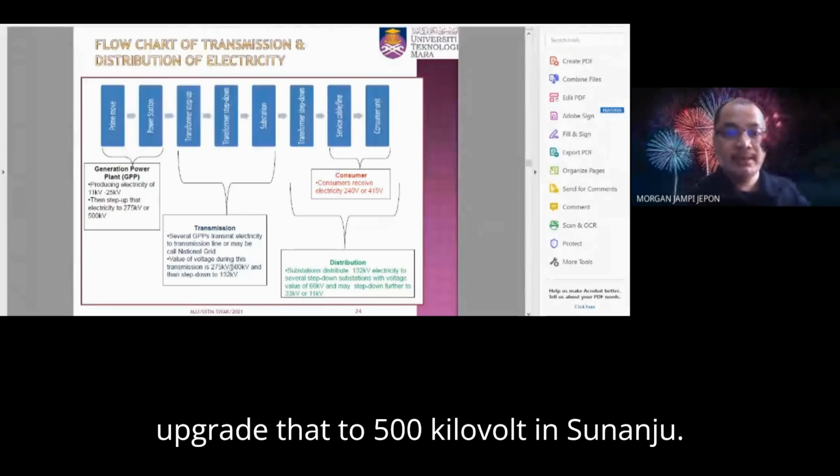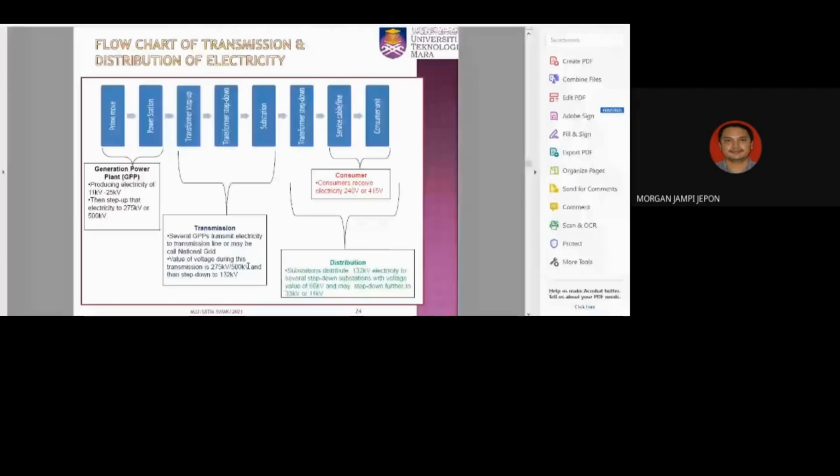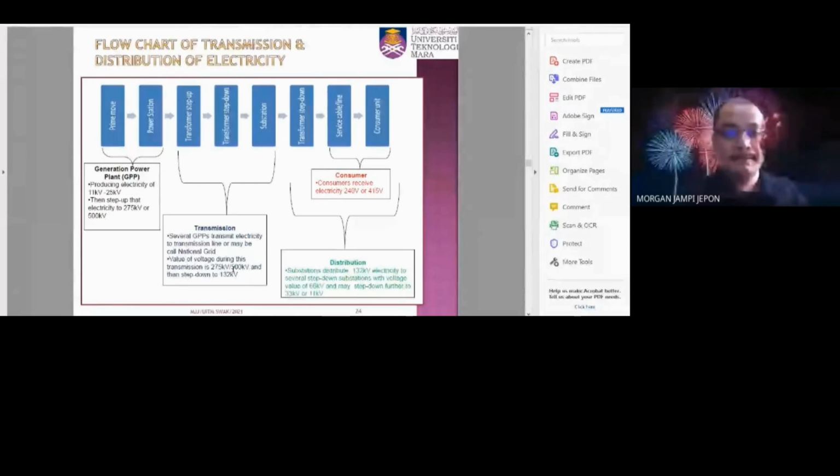In Semenanjung, they already have 500 kilovolt. In Brunei, I think it is lower than 275 kilovolt.